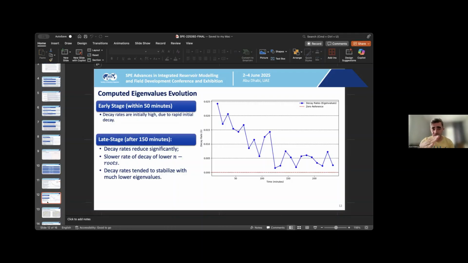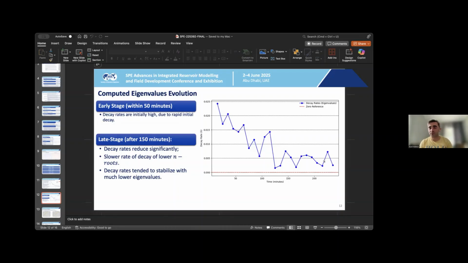So once you have these computed eigenvalues, you will see a very nice decreasing trend. I mean, this tells the whole story, right? So in the early stage, the decay rates are very, very high. If you look at the decay rates, the very first case, you have 0.025, and then it just decreases, and then somehow reaches a plateau, but not that much, because you still have some noise in the data, some non-boundary conditions.